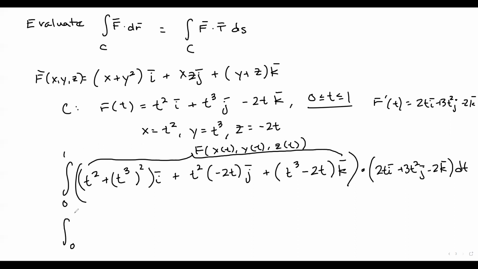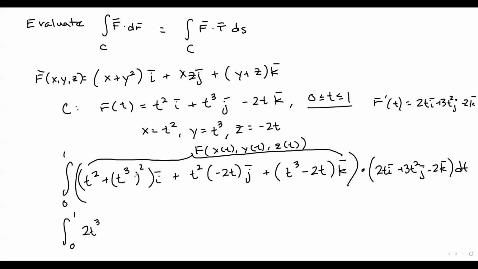All right, and then from there, the next thing we need to do is actually to calculate the dot product of these and simplify. Let's see if we can do that at the same time. So we're going to take 2t and multiply it by this thing. So when you do the dot product, you're going to multiply component wise. You want to multiply the i stuff together, the j stuff together, and the k stuff together. So we're going to get, this is t squared times 2t, so we're going to get 2t cubed.